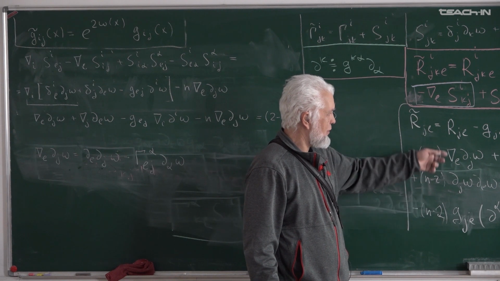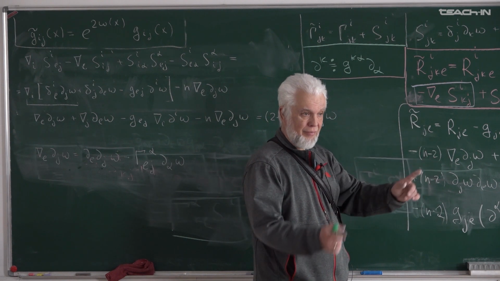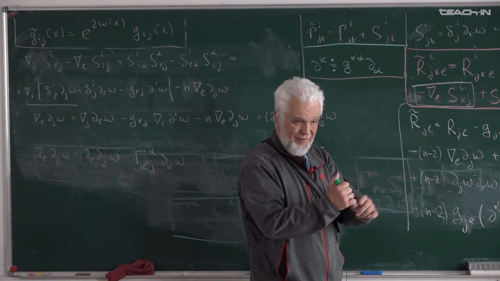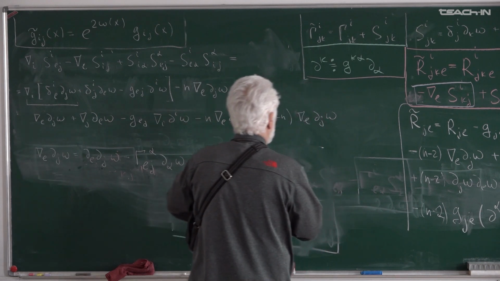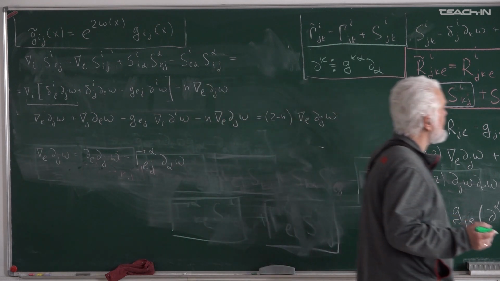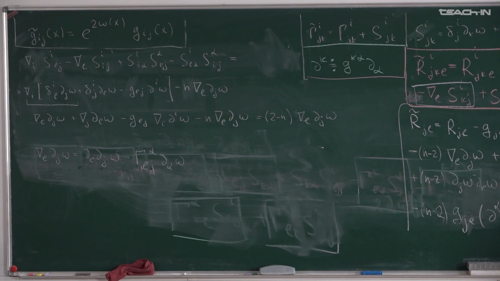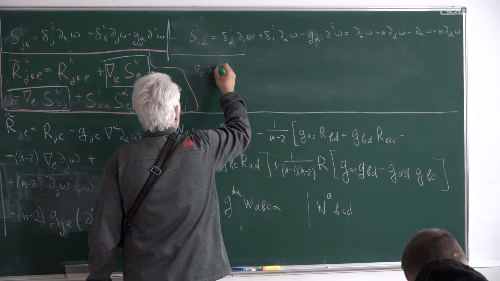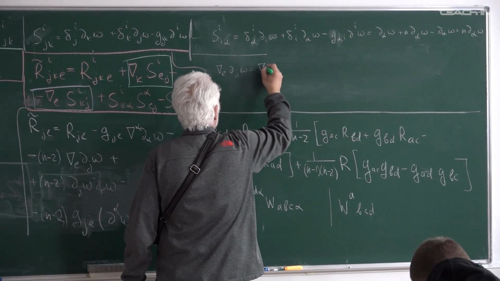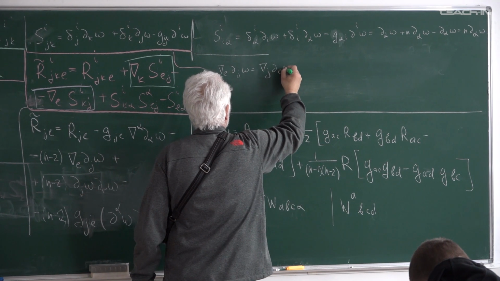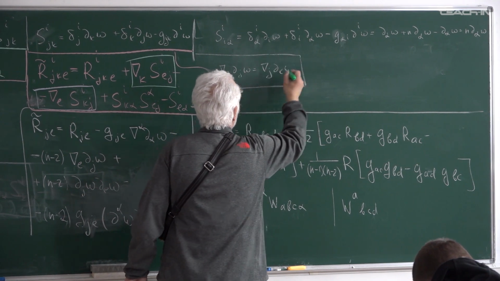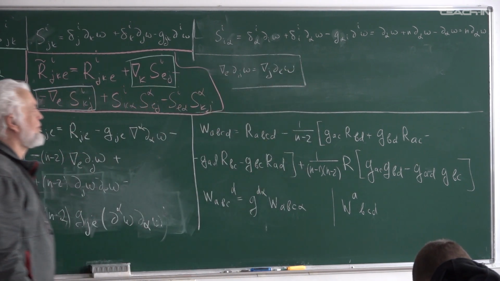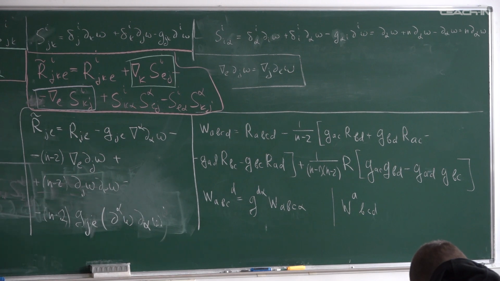All objects are symmetric except this one. So it shall be symmetric. Therefore, we also prove the lemma, we prove this identity, you understand. So, any questions? I'm sorry.